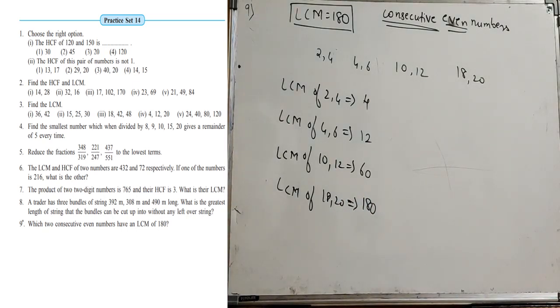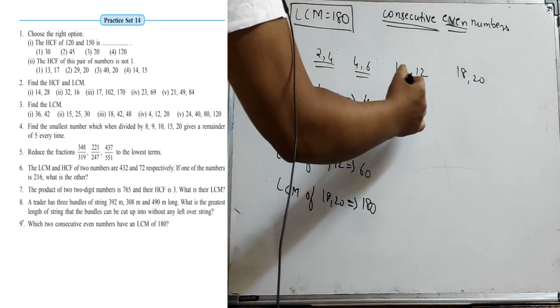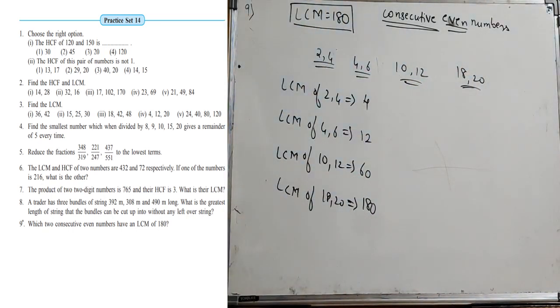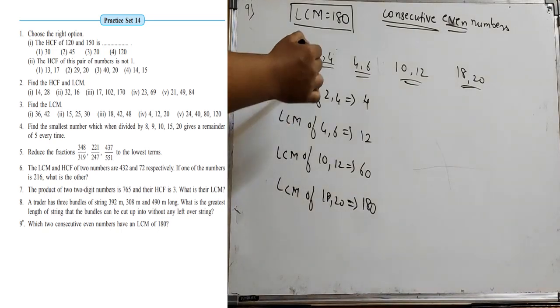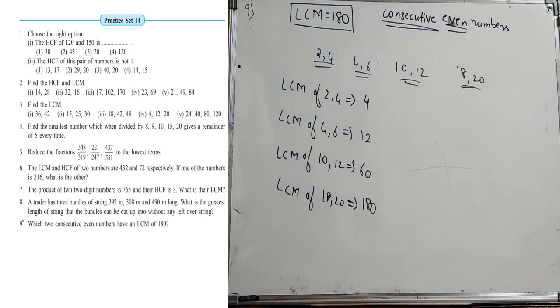So what was the question? We have to find a pair of consecutive even numbers whose LCM is 180. So we found the pairs of consecutive even numbers which are factors of 180. Then we took out their LCM to check which pair has the LCM of 180.